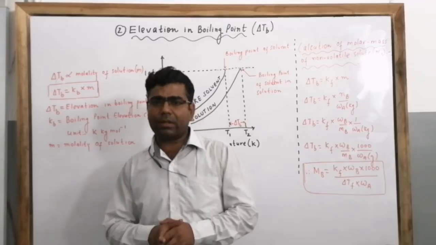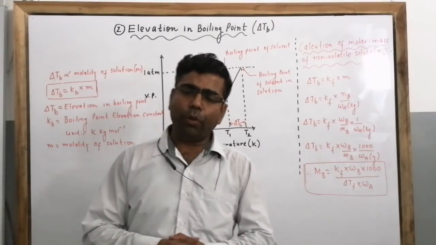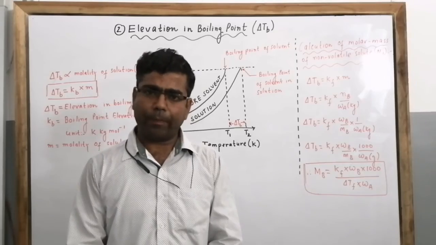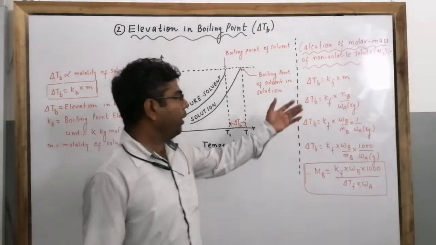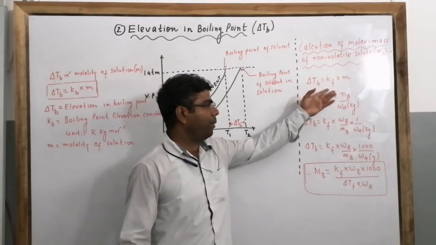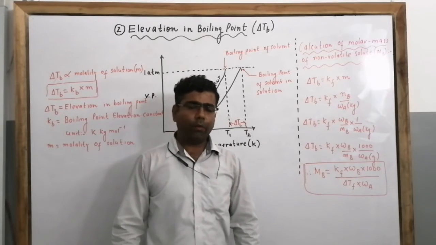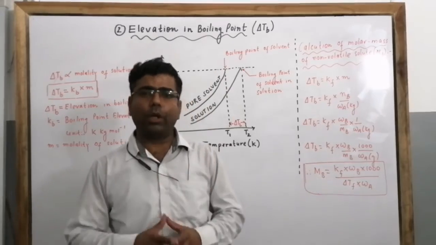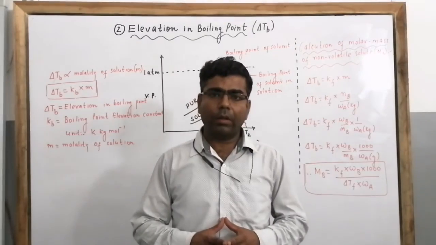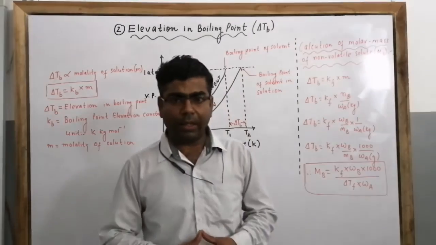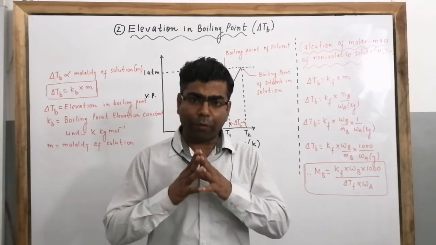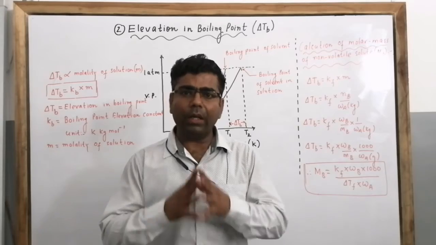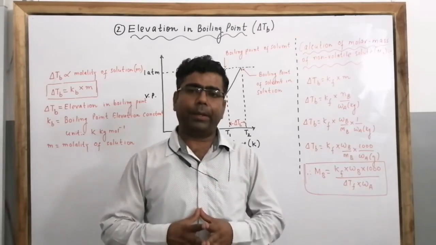Now, let us use delta Tb for the calculation of the molar mass of the non-volatile solute. We know very well that delta Tb equals Kb into m. And what is m? Small m is the molality of the solution. If you remember the definition of molality, it is the number of moles of solute present in 1 kilogram of solvent.